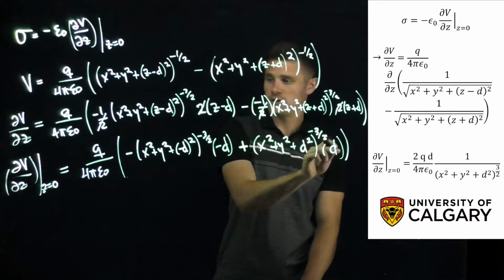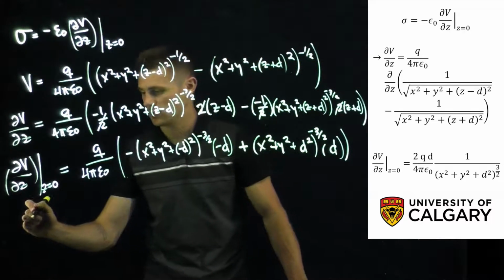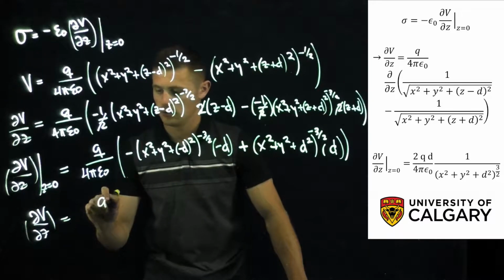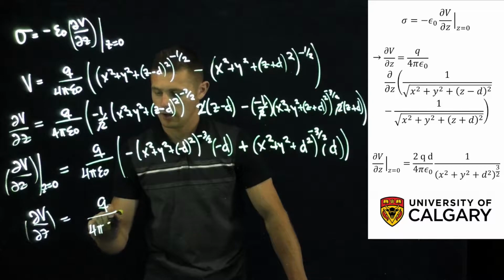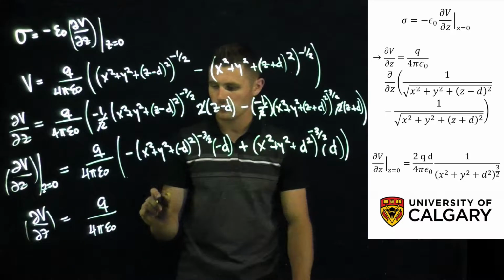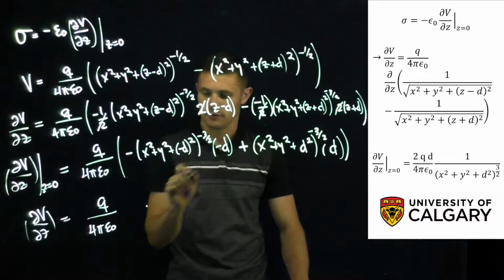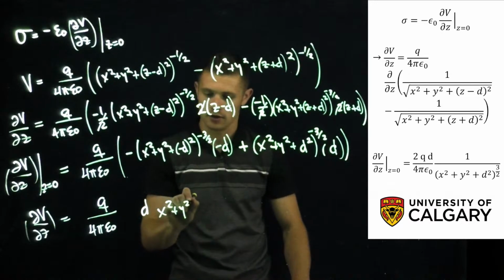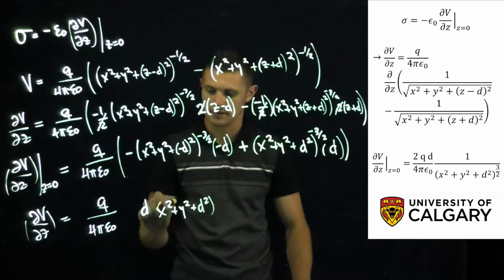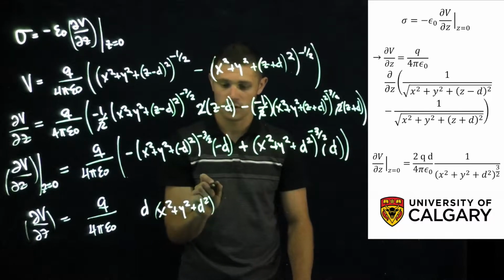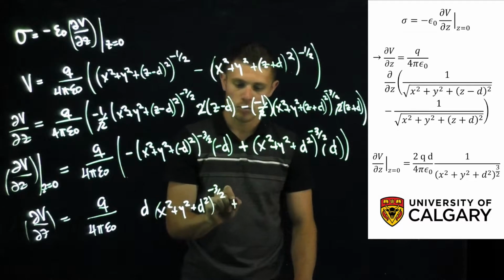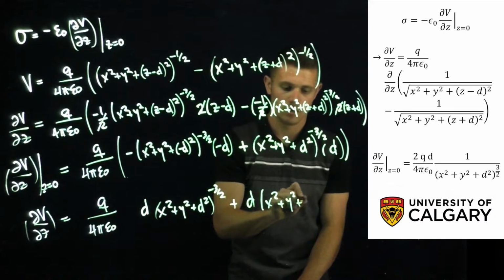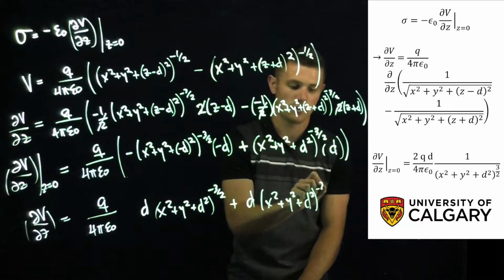One step further, we can go to simplify this. We end up with dV by dz equal to Q over 4 pi epsilon naught. Negative and negative will cancel, so we end up with d times (x squared plus y squared plus d squared) to the negative 3/2, plus d times (x squared plus y squared plus d squared) to the negative 3/2.